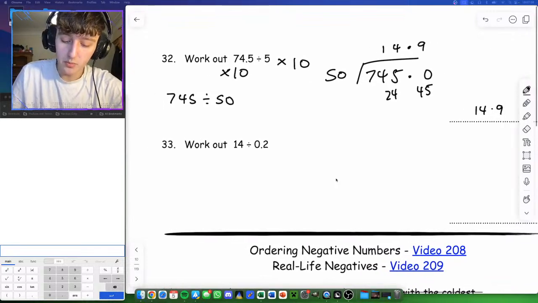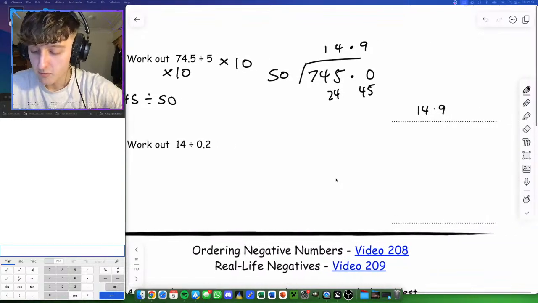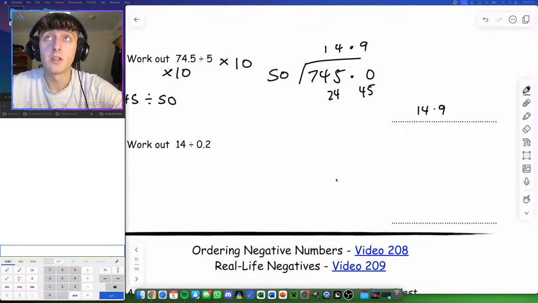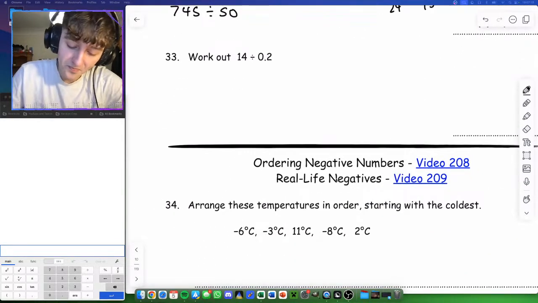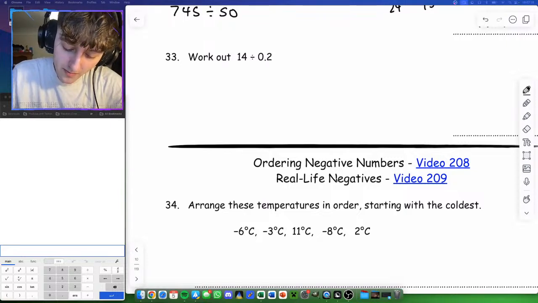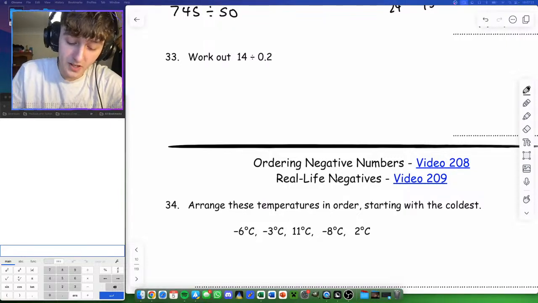As I say, because we times both our values by 10, the ratio is going to be the same, so we do not need to change the size of our answer. Now, 14 divided by 0.2. I'll do it both ways for this.